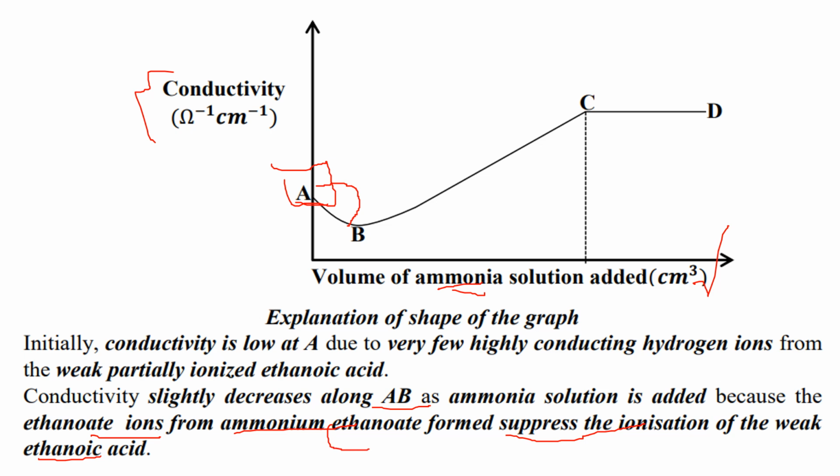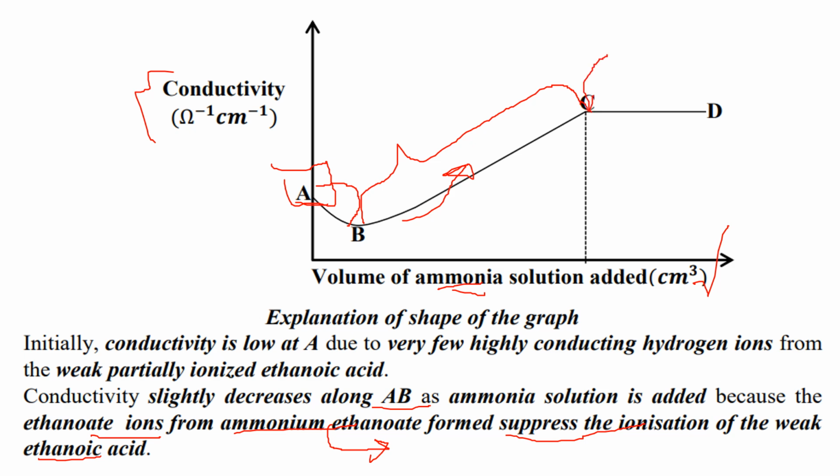So for this salt, the progressive increase here is going to be as a result of your salt fully ionizing in solution, giving ammonium ions together with ethanoate ions, up to point C, which is our endpoint.